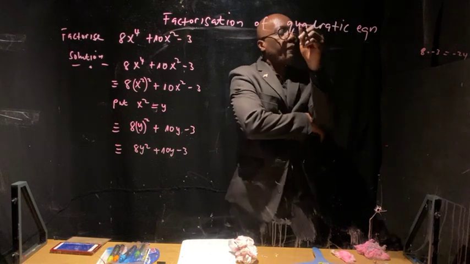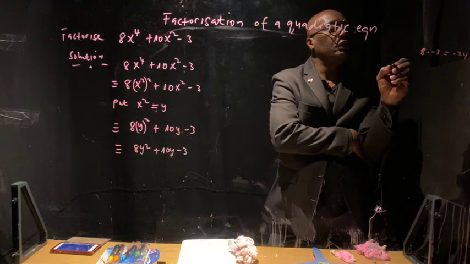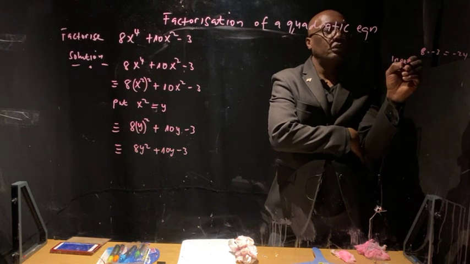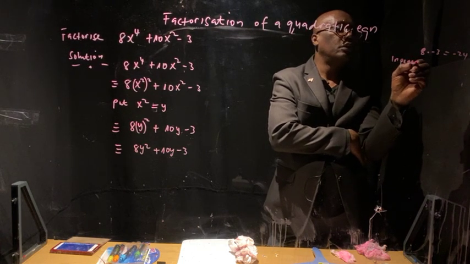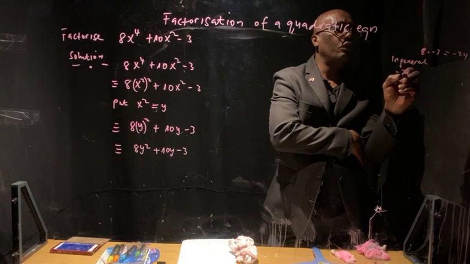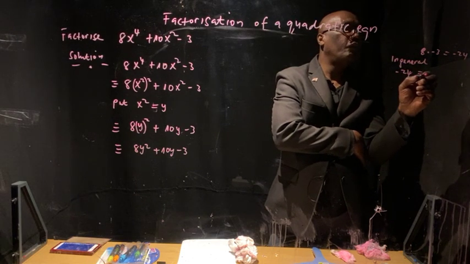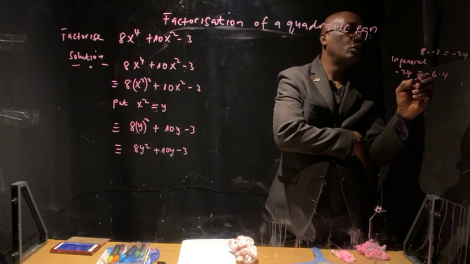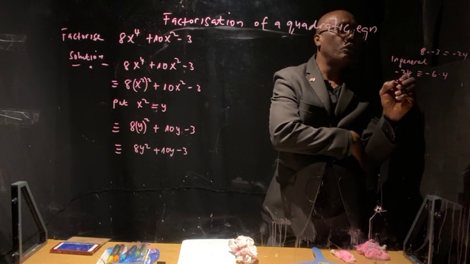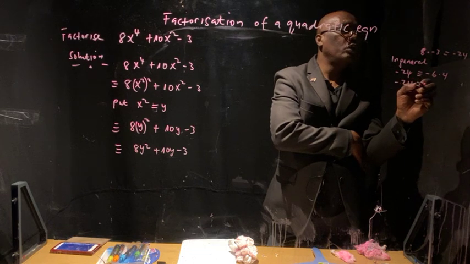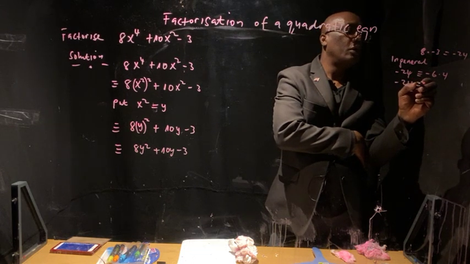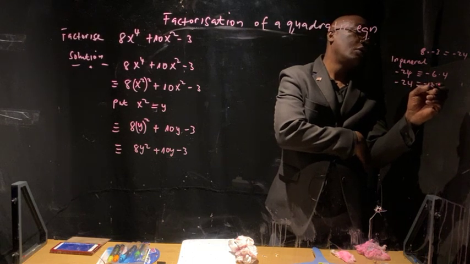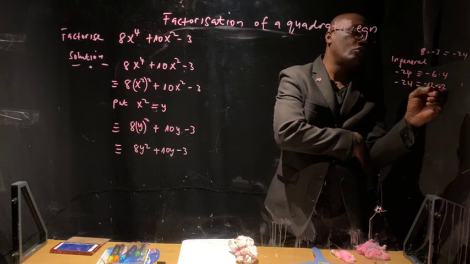And let's see. In general, minus 24 is no different from minus 6 times 4. Minus 24 is also no different from minus 12 times, let's say, 2.